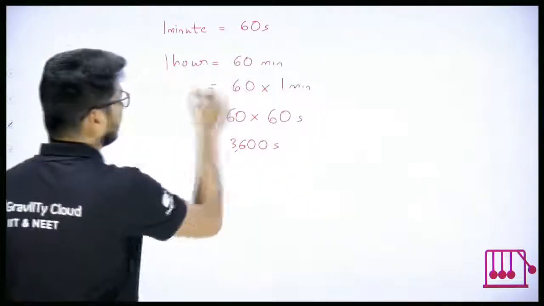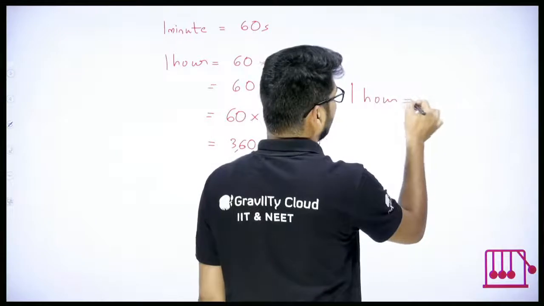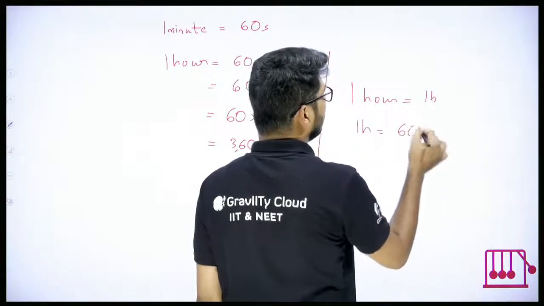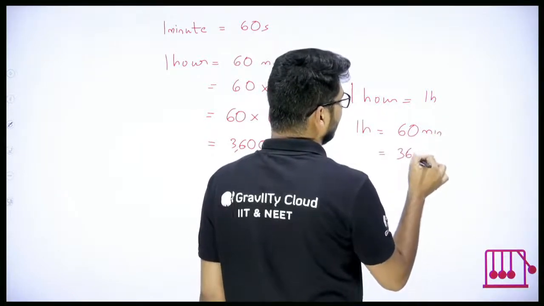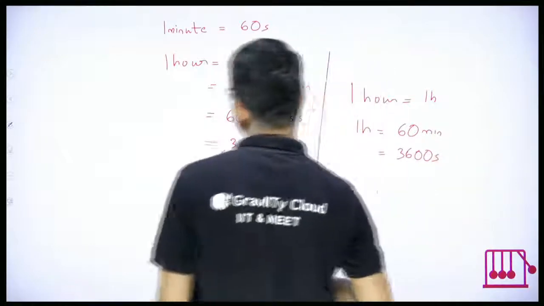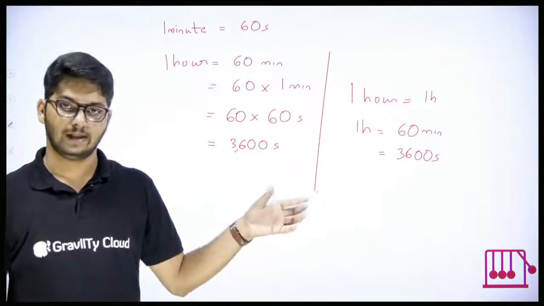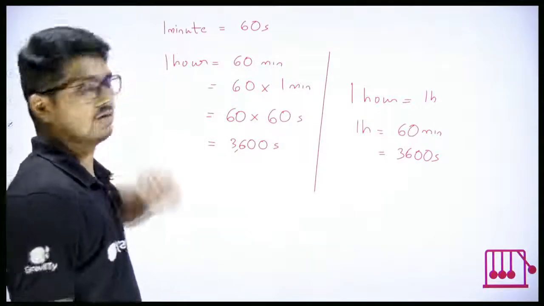So for 1 hour we use the symbol 1 h. So 1 hour is equal to 60 minutes, or in terms of seconds, it is 3600 seconds. Clear? Okay, that's good. So we learned about minute, we learned about hour.